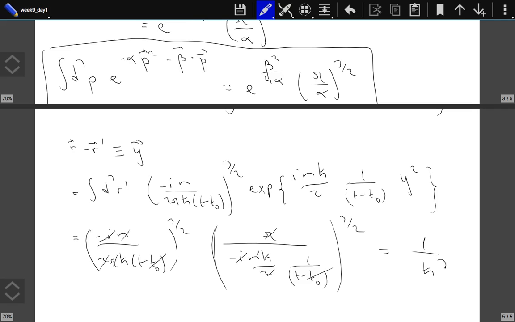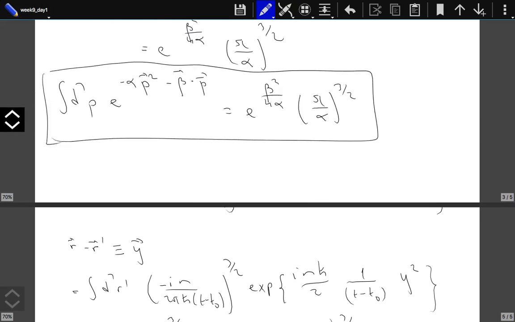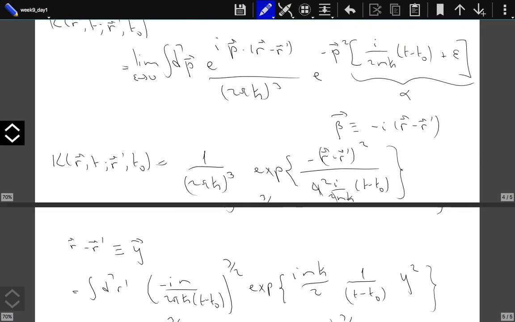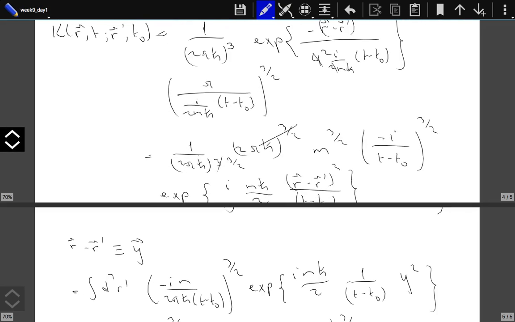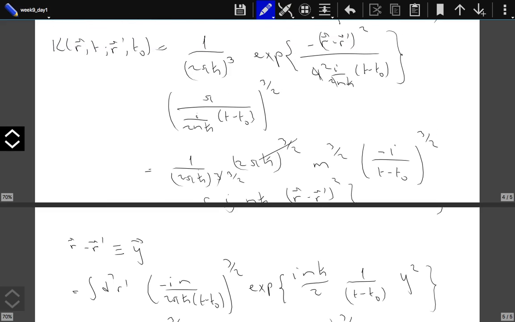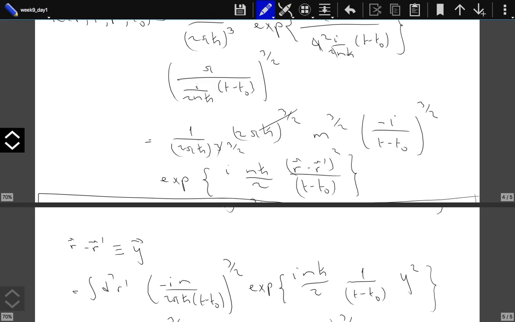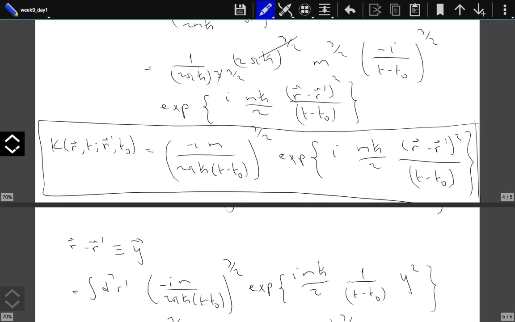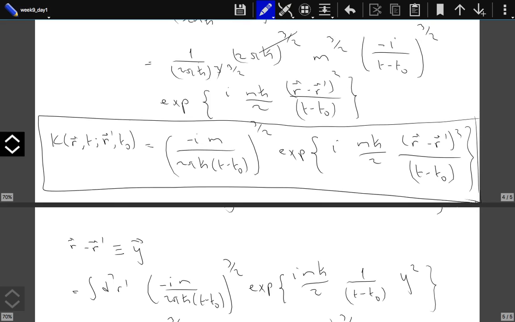Well, you see, the important thing is it is independent of t. So it is equal to 1 over ħ cubed even when I take the limit t goes to t0. Well, let me just correct my previous mistake somewhere. So here I have my 2πħ, so this is just (2πħ) to the 3 halves. Okay, so no mistake over there.